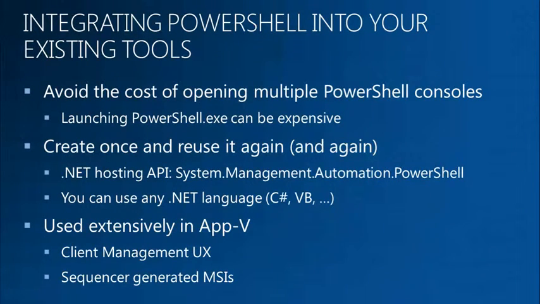Did it not succeed? How do I know what data it returned to me? The other reason is, especially if you're calling into PowerShell repetitively, in a loop or so forth, you can have a performance hit associated with it because you're launching PowerShell every single time.